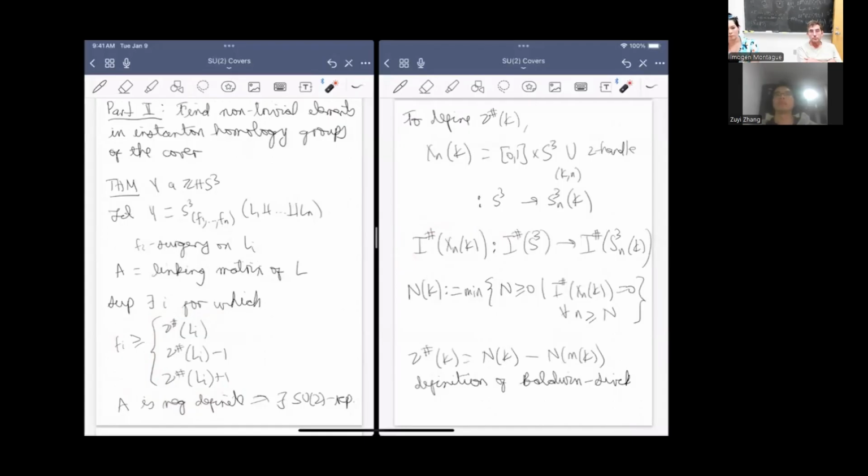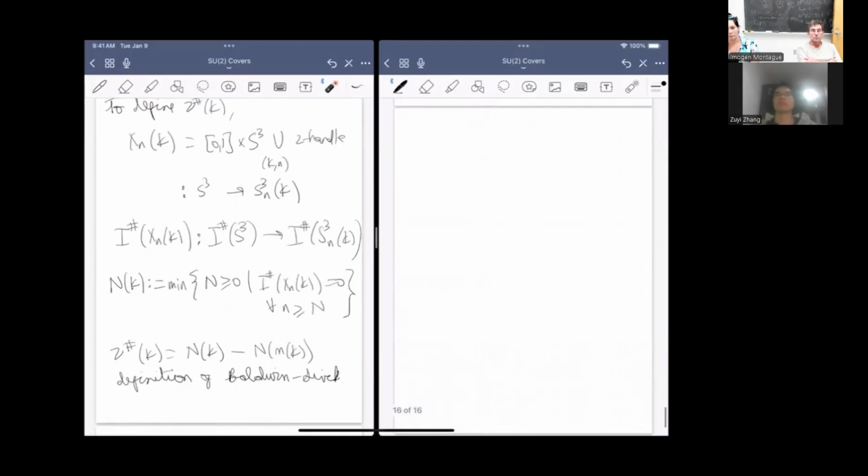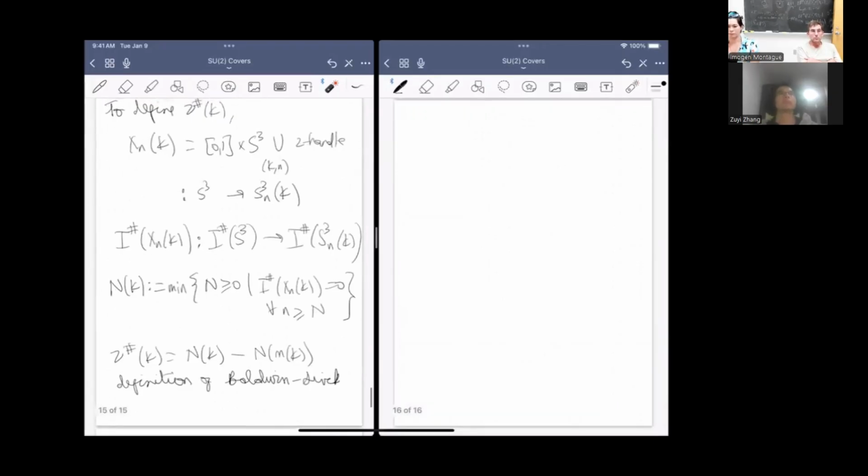Okay, but let me just give you a few properties of this invariant. It is a concordance invariant.